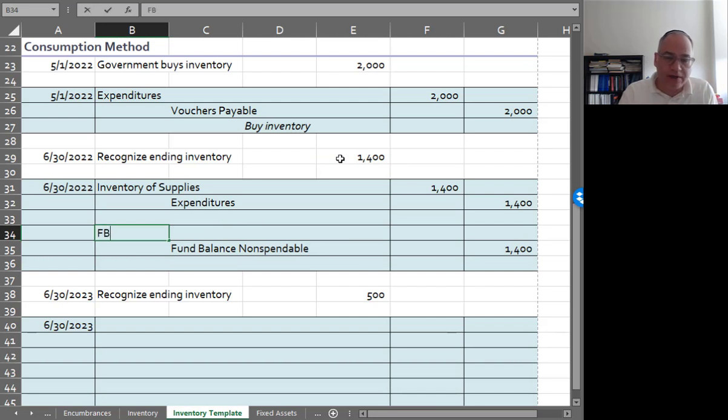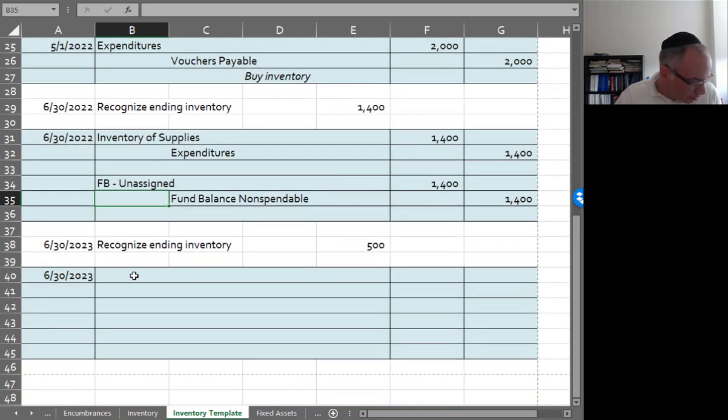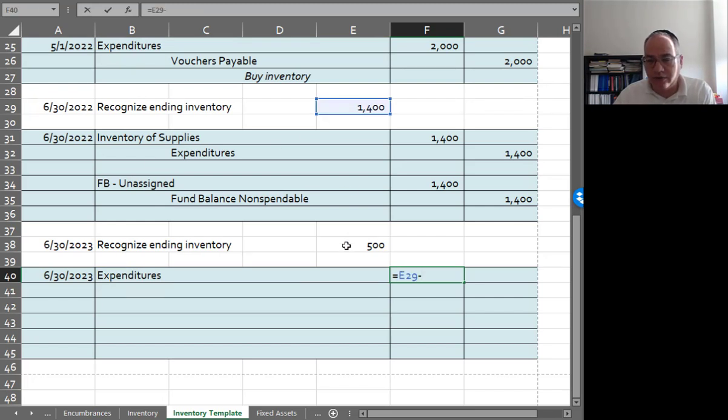And then the debit would be fund balance unassigned for $1,400. And that again marks off that $1,400 of the fund balance can't be spent. And let's say the value of inventory goes down. Then what you would do is you would debit expenditures. It goes down by $900. So that would mean that you use $900 worth.